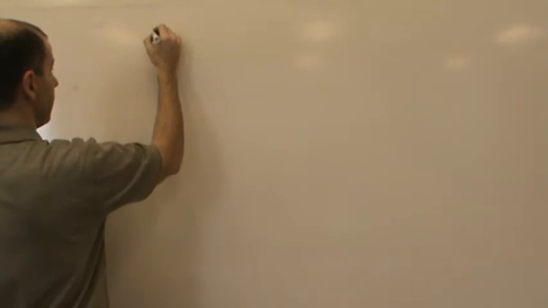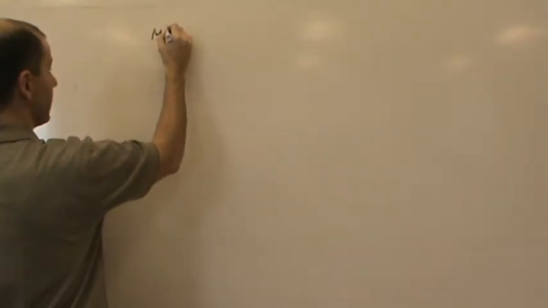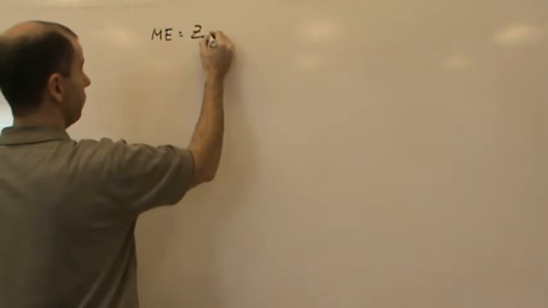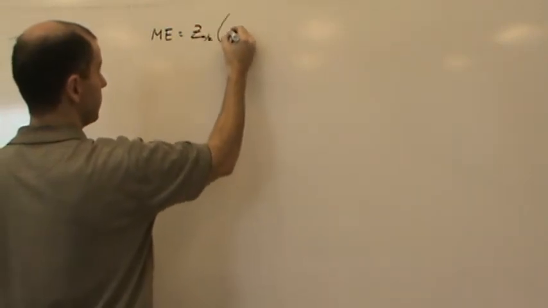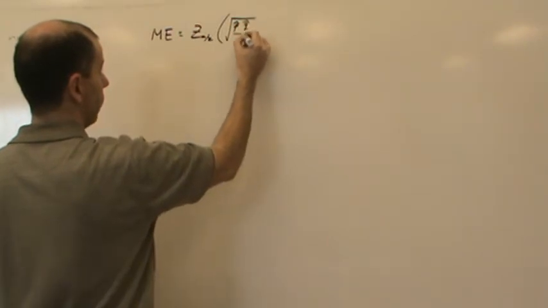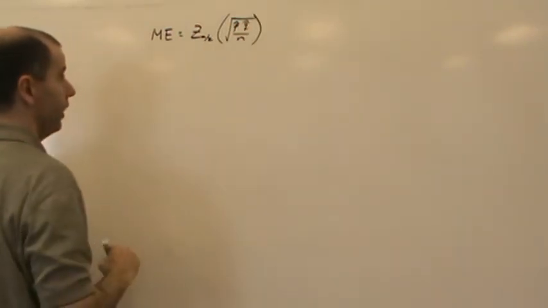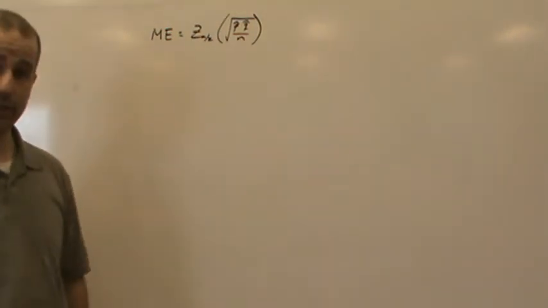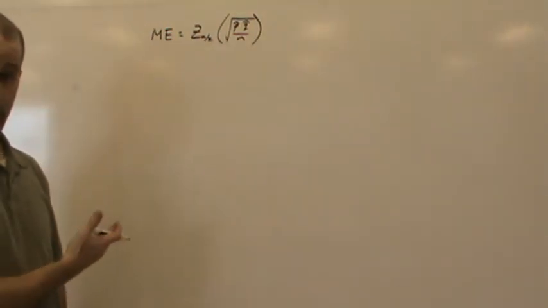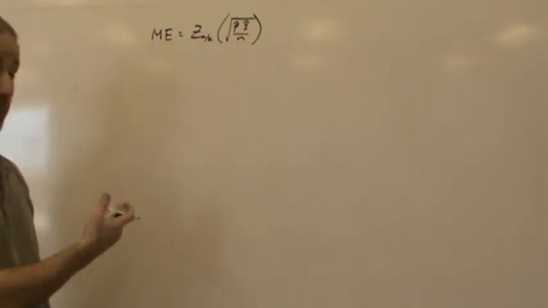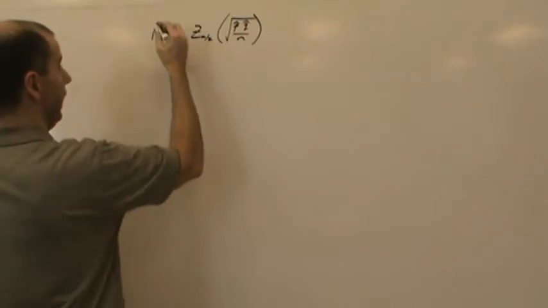The minimum sample size, again, is all based on the margin of error. So the margin of error calculation is z alpha divided by 2 times the standard error, which is the square root of p hat times q hat over n. Since this is our margin of error formula, our minimum sample size formula will be derived from it. So we're just going to solve for n.